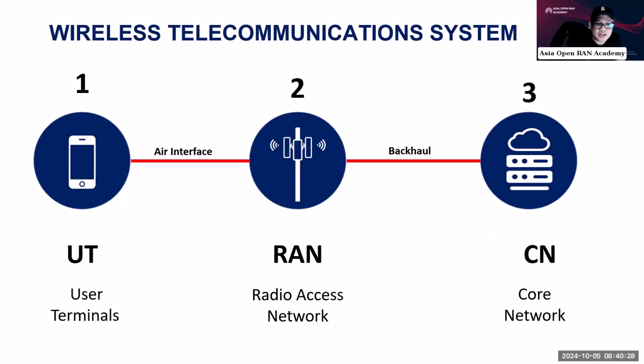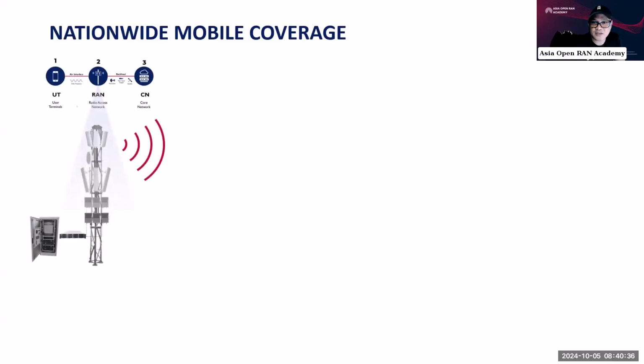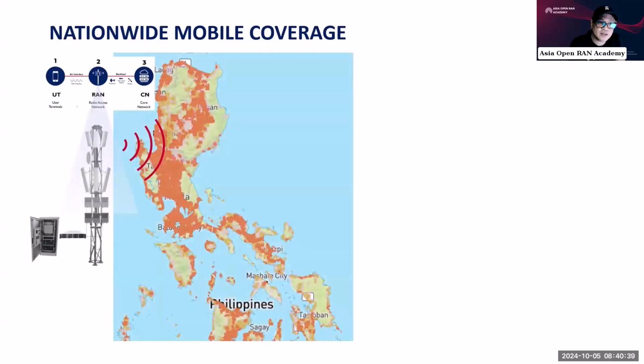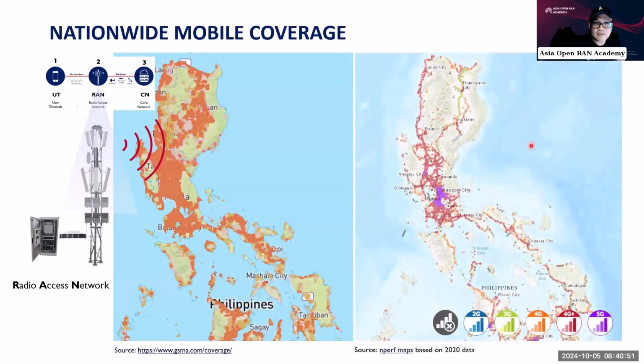Okay, so the radio access network, we use this to provide mobile coverage. So in the case of the Philippines, we are building a lot of mobile or radio access network in the country, to have a seamless coverage. In our country, we build different cell sites or radio access network.